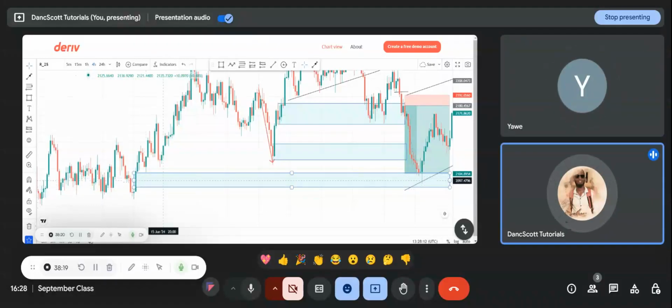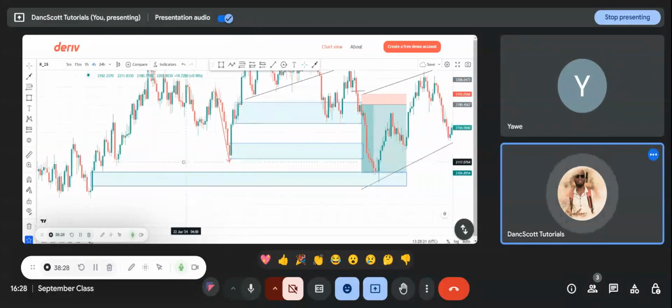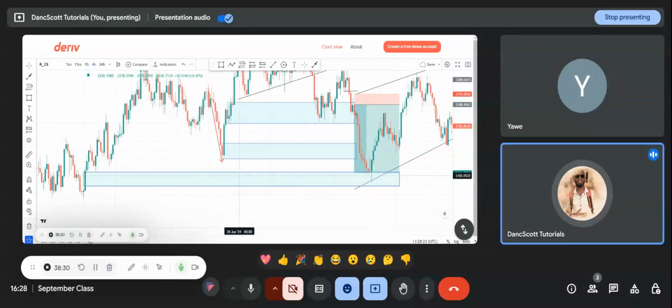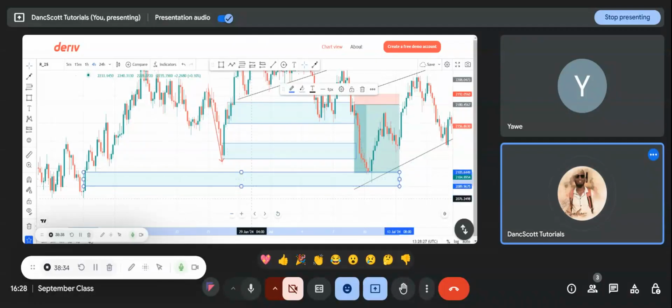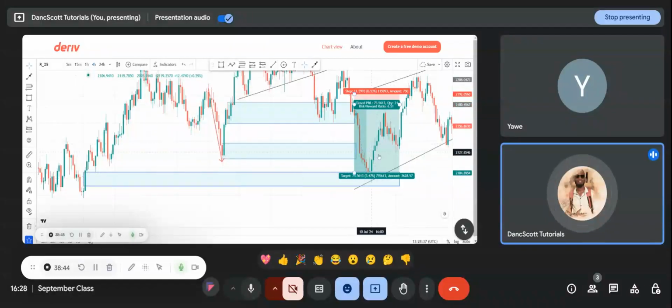It is very important because we know that the market has to come and mitigate or balance. Price has to come and balance the market because it was untapped. This was price that was not tapped by any sellers. So sellers came to balance it, and immediately after balancing it, look at that move.